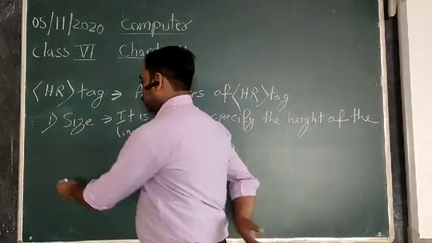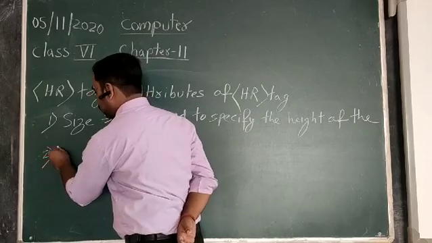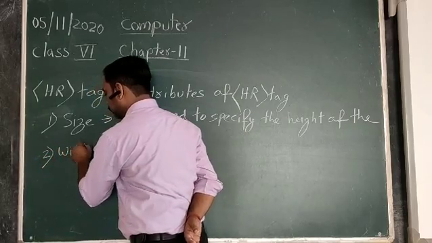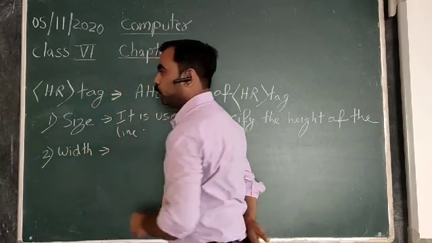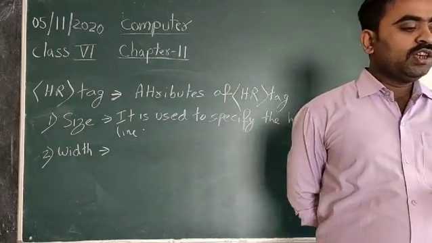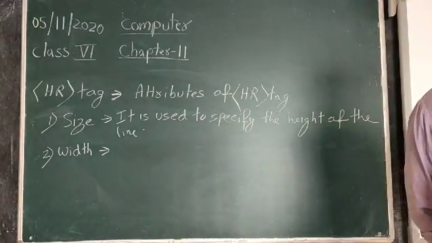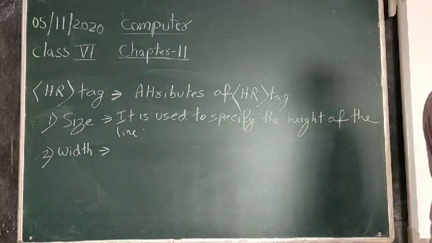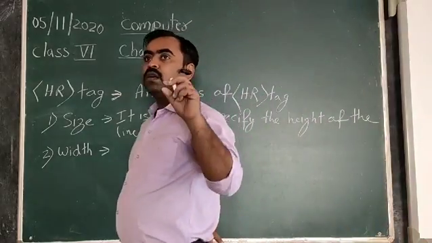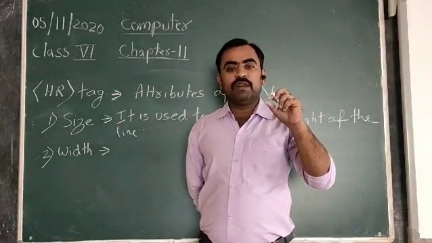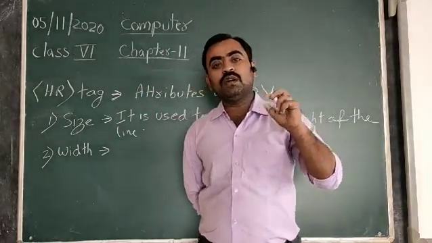Then the second attribute is width. The width attribute is generally used to specify the width of the horizontal line, or you can say you can increase or decrease the thickness of the line.